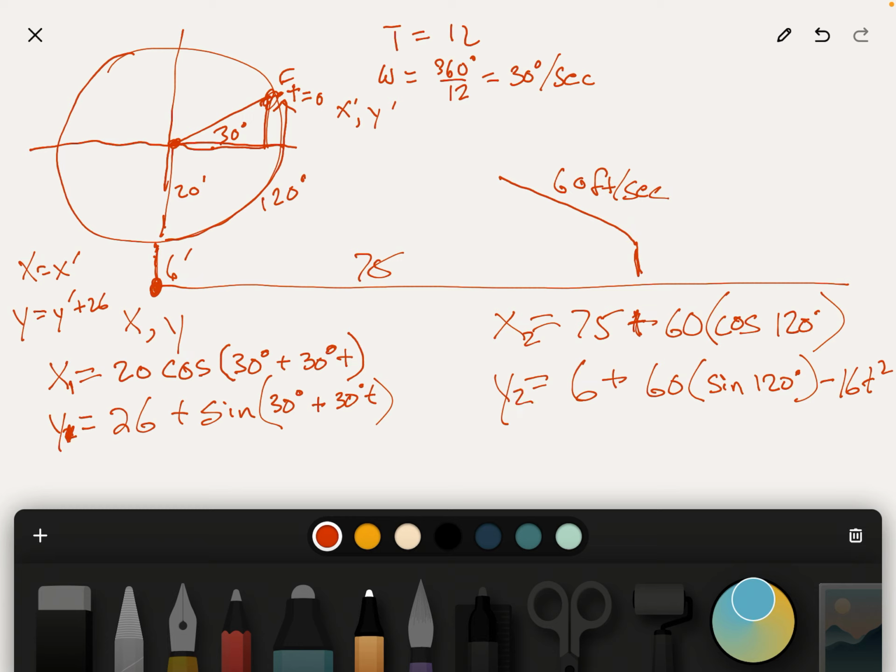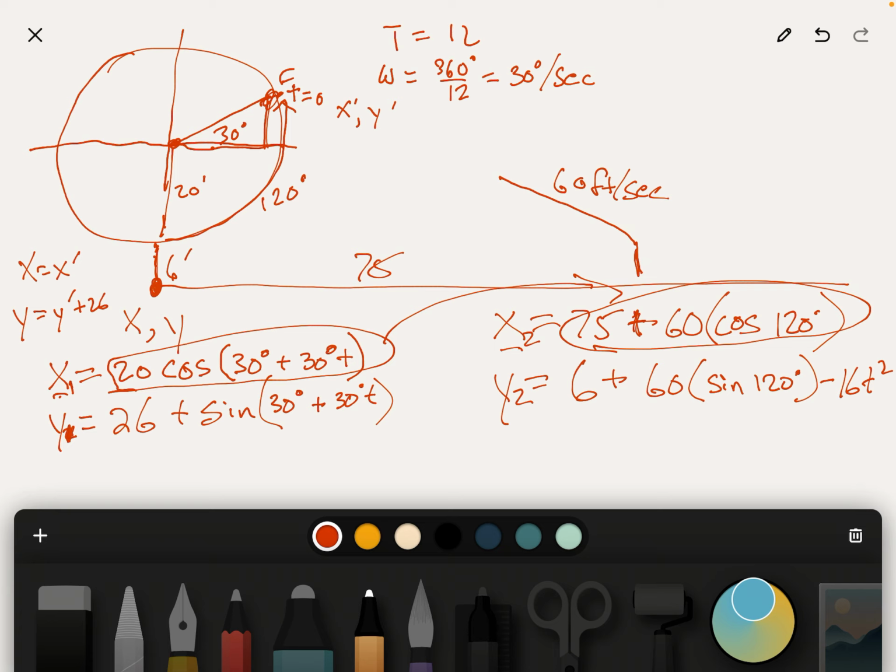Another way to solve that would be, when are x1 and x2 equal? Well, you can make this side of the equation equal this side of the second equation for x1 and x2.